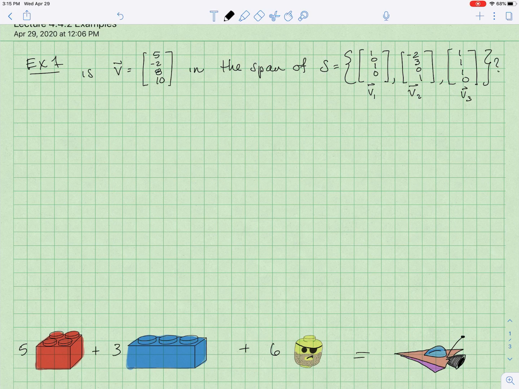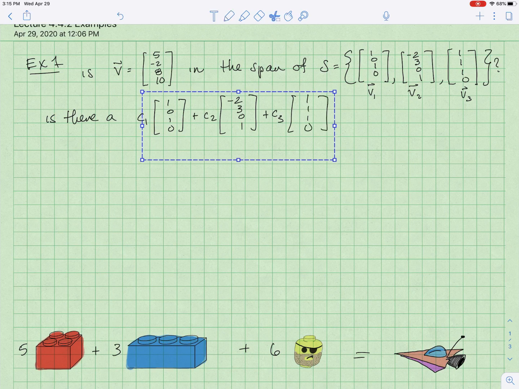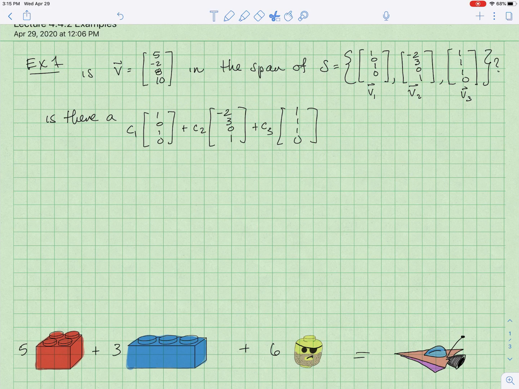So more specifically, does there exist a C1 times (1, 0, 1, 0) plus C2 times (-2, 3, 0, 1) plus C3 times (1, 1, 1, 0) that will give me (5, -2, 8, 10)?